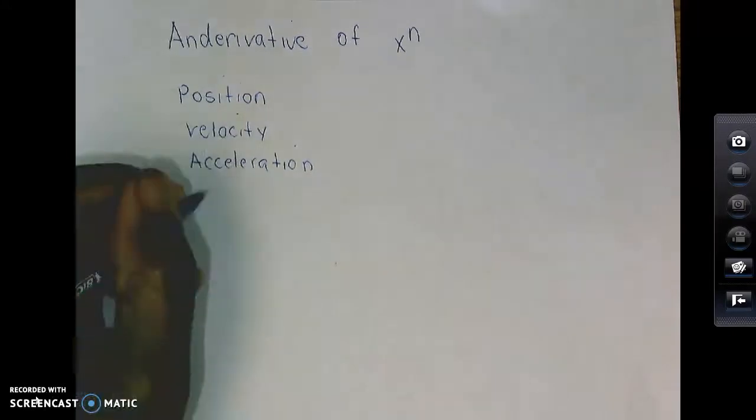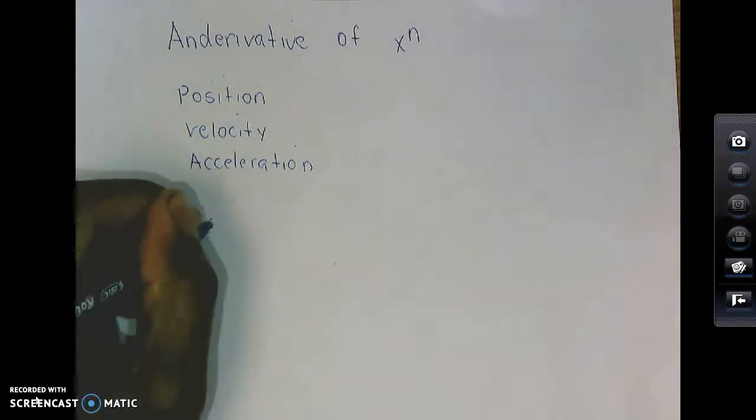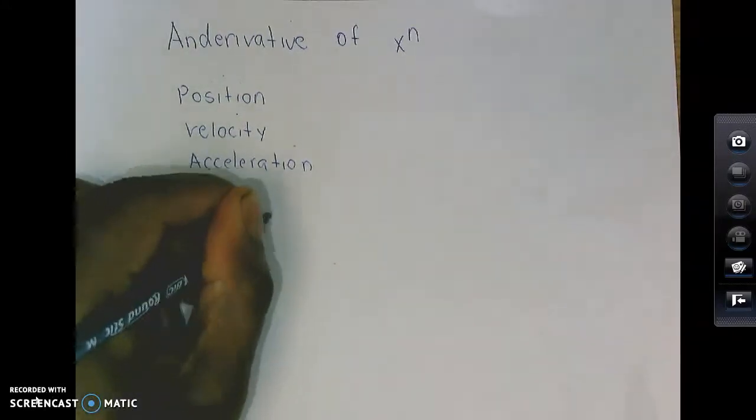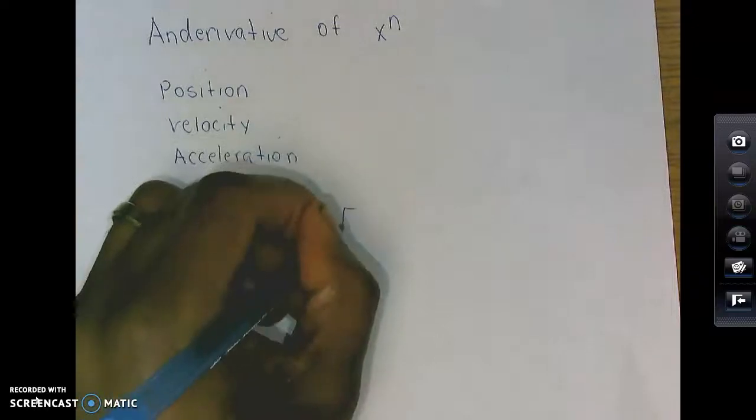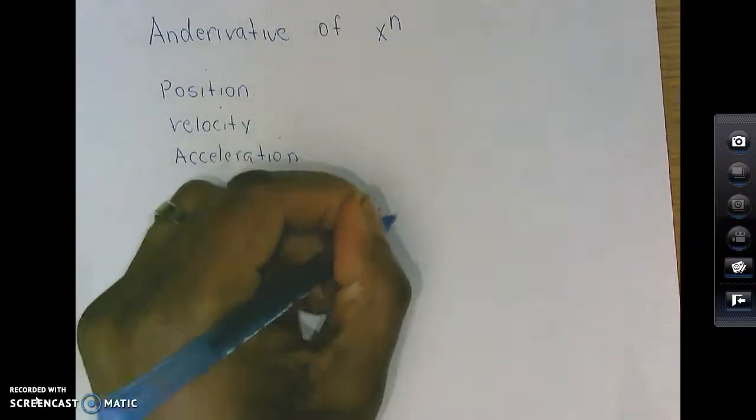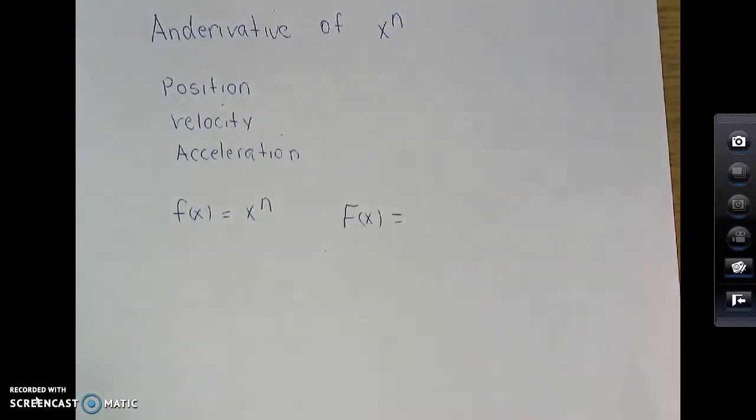All right, so let's just say I have f of x equal to x to the n, and I want to find the antiderivative. When we're talking about the antiderivative, we use capital F of x. We're not going to use that lowercase f anymore.